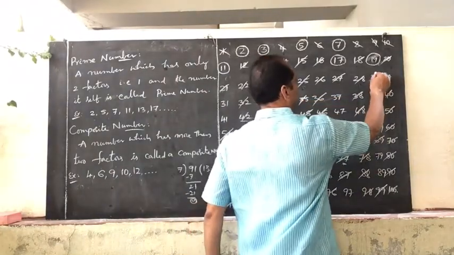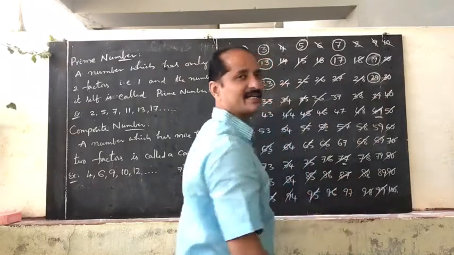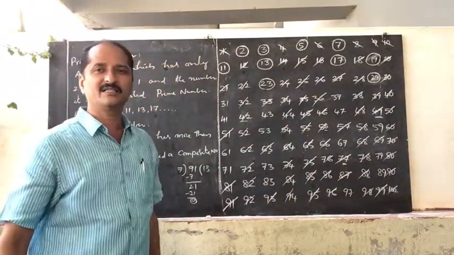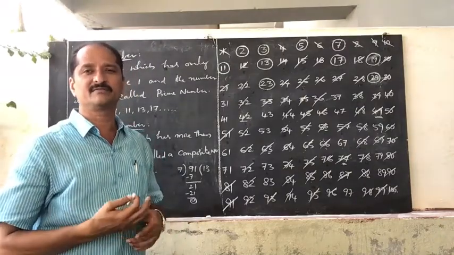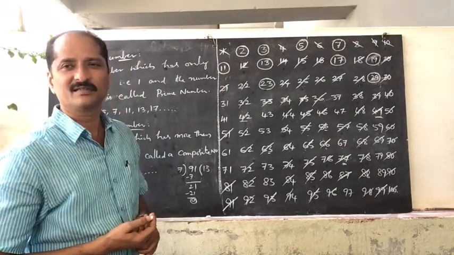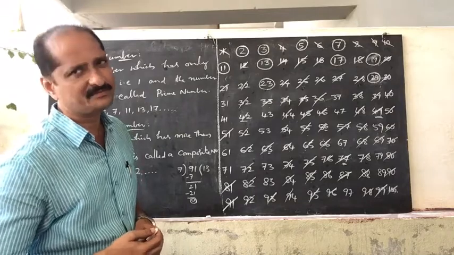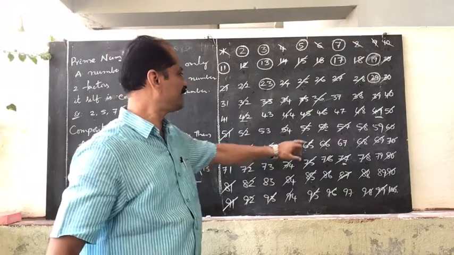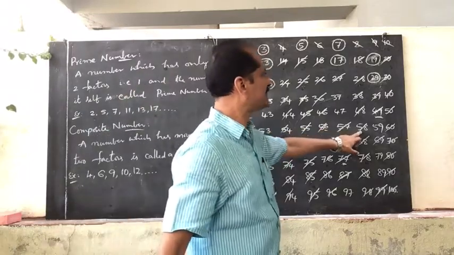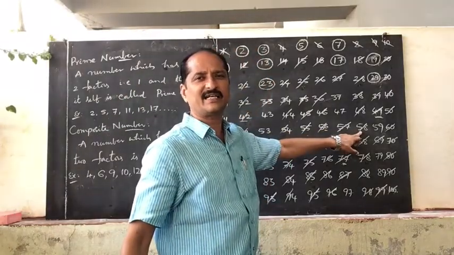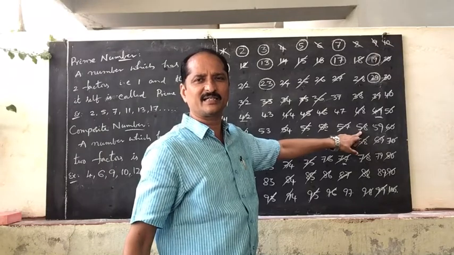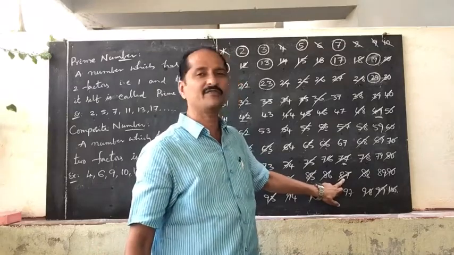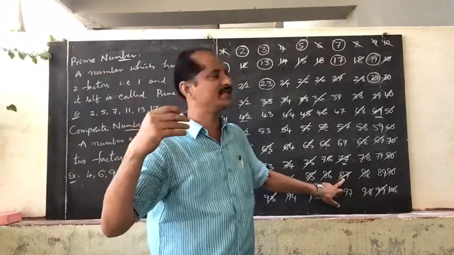29 is a prime number. Okay, the next prime number is 29. Now see carefully. Next, multiples of 29. 29 twos are 58. 29 threes are 87, that is also over. 29 fours are more than 100, so leave it.